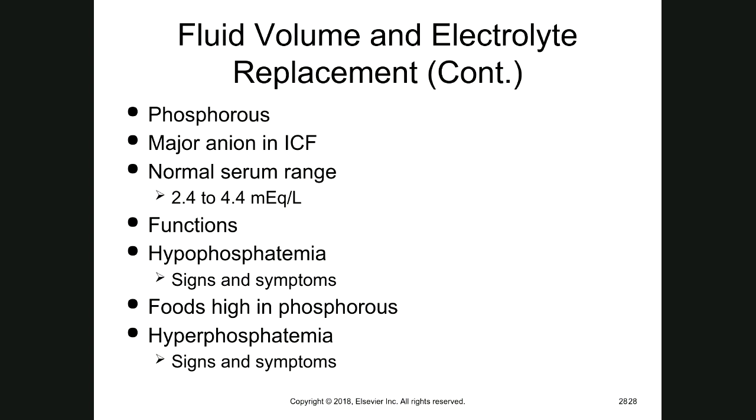When you have renal dysfunction, we have to watch how much phosphorus our body takes in, because it can have a phosphorus overload. So a normal serum phosphorus level is 2.4 to 4.4 milliequivalents per liter. Both phosphorus and calcium levels are regulated by the parathyroid hormone and need vitamin D for absorption from the GI tract.